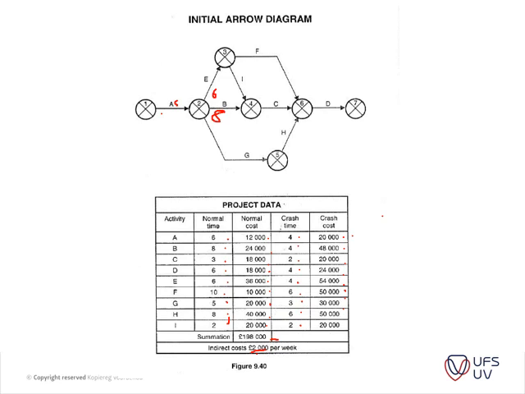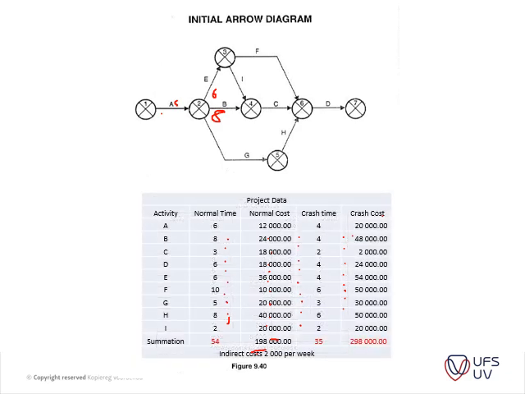Same with B, to reduce it by 4 weeks, it will cost you £48 extra for reducing the time. The point that I wanted to make with this is you can't just add all of this together, because you're not going to get to the right answer.